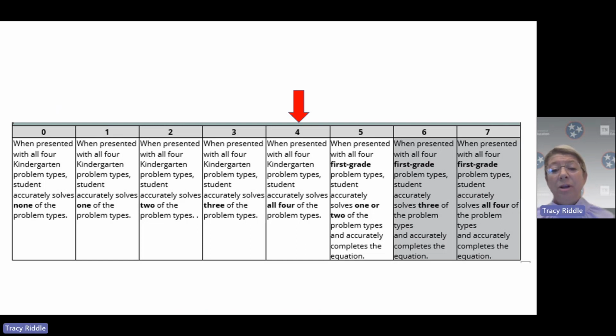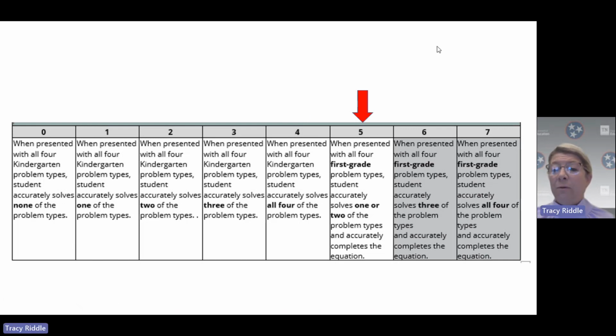Once students have mastered all of the kindergarten problem types and you begin assessing the first grade problem types, if the student is presented with all 4 first grade problem types and can accurately solve 1 or 2 and complete the equation accurately, that is the score of a level 5.